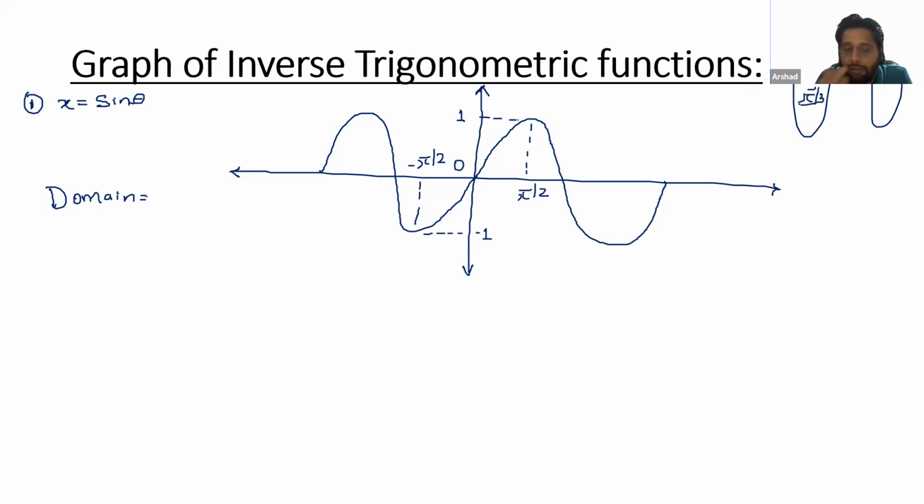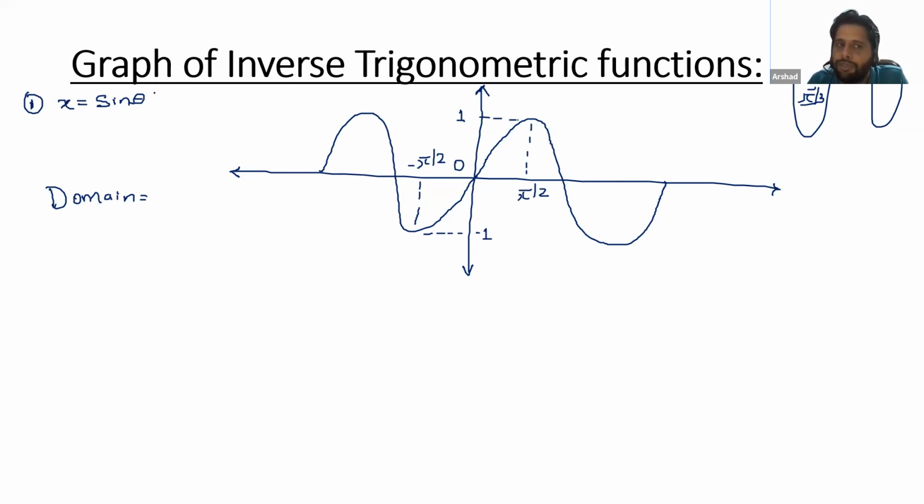Now, what is the domain? The value in which you can put in place of theta, for which you will get a real number. So in place of theta, the values which you can put is the domain. What is the range? When you will put this value, what the answer you will get.